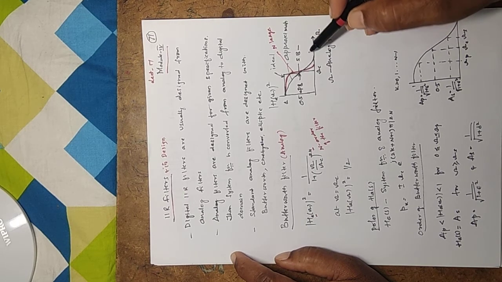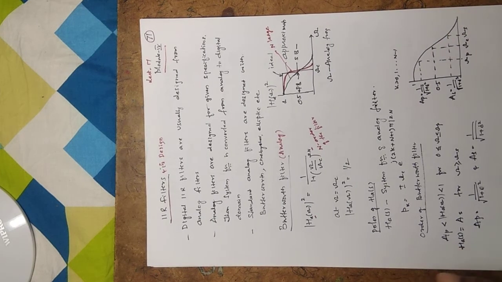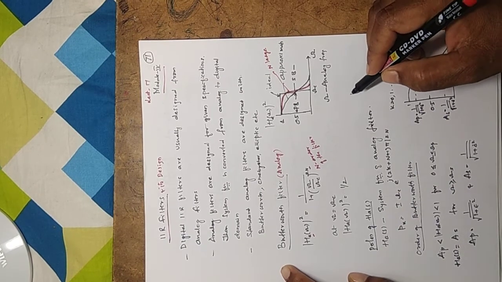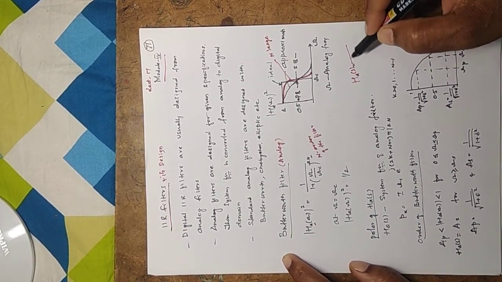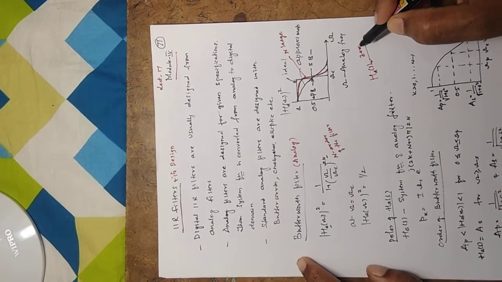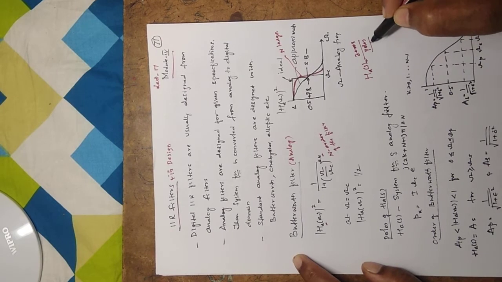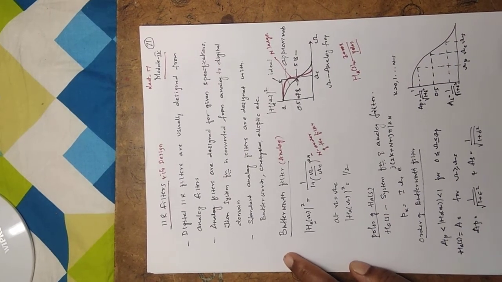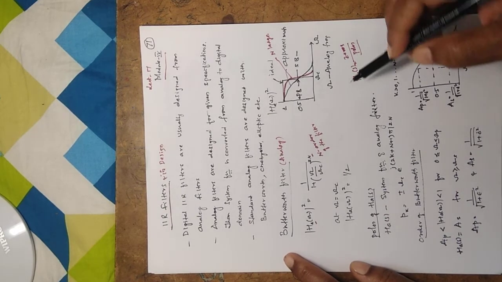Then we have to find the poles of the analog filter HA of s. Whenever you write any expression, the numerator gives the zeros and the denominator gives the poles. The poles will decide the stability of the filter.